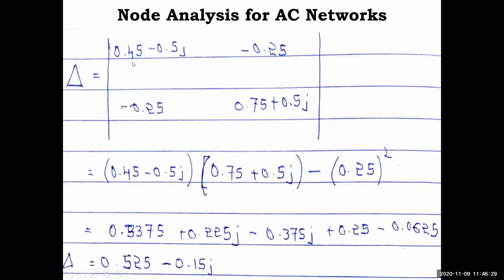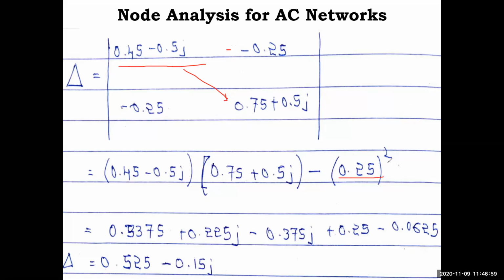So first matrix, straight away we will take the matrix for delta: 0.45 minus 0.5j, minus 0.25. So how to do this determinant solution, you know. Okay, so first term we'll write as it is, this into this. So that's why 0.45 minus 0.5j into 0.75 plus 0.5j. Okay, minus, so here already one minus sign is there for this determinant, then this minus becomes plus, that's why 0.25 whole square.